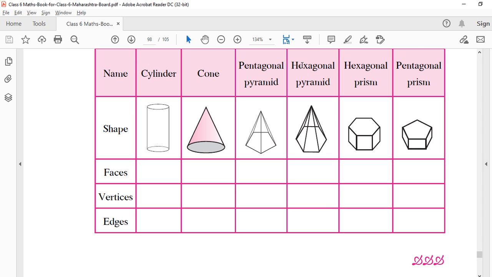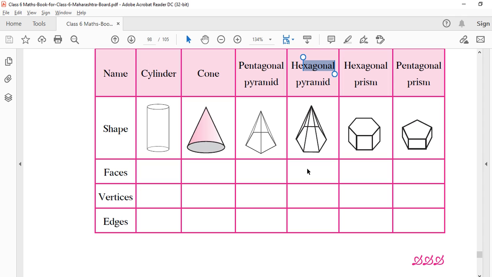Let's move on to the next, hexagonal. Hexagonal means there are 6 sides at the bottom, 1, 2, 3, 4, 5, and 6. So how many faces do we have? First face, second face, third face, fourth face, fifth face, sixth face at the back, and seventh face at the bottom.